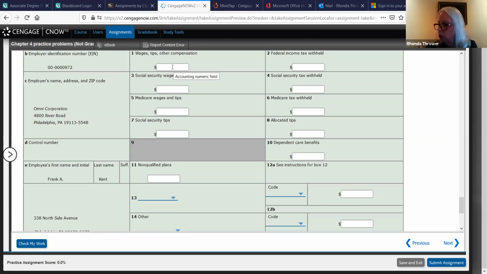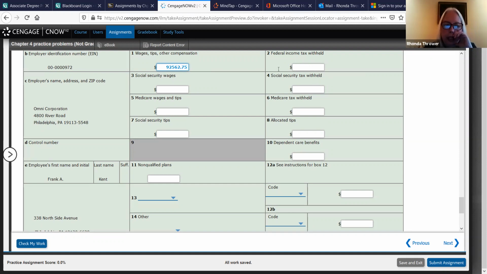So it amounted to $92,562.75, and that would go into box number 1. Before, when I had it entered in, I had entered it incorrectly at $92,300. That's because $262.75 was also paid to this employee.